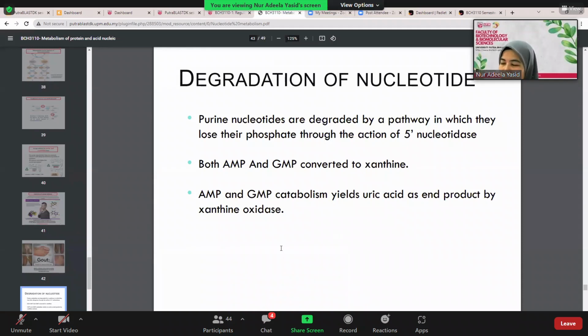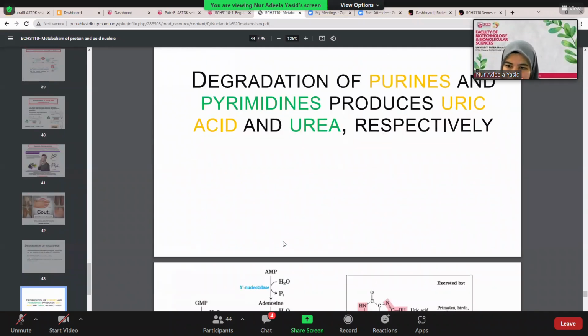So that's why that enzyme HGPRT is very important. Otherwise, kalau PRPP accumulates, it will activate that amidotransferase enzyme. Then it will accelerate the purine biosynthesis process. Bila ada berlakunya degradation, it will cause the excessive production of uric acid.